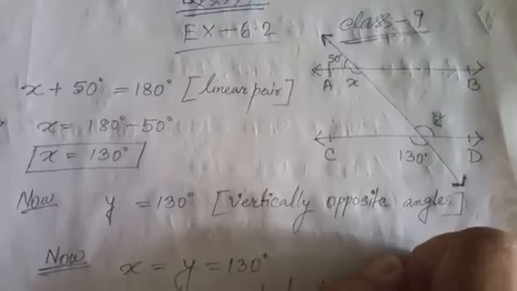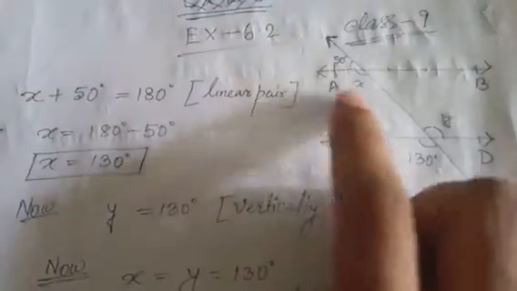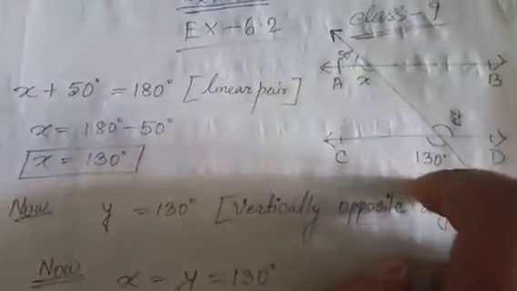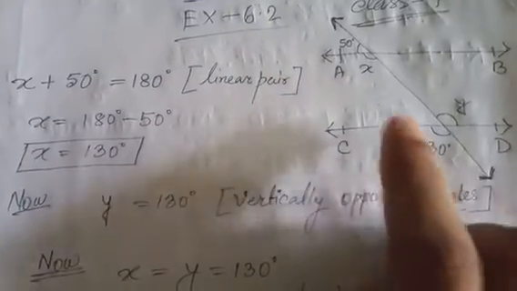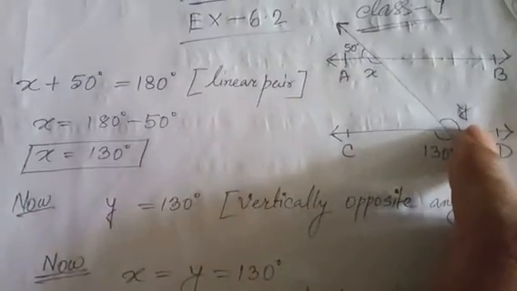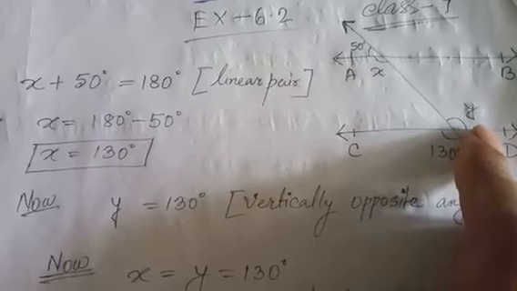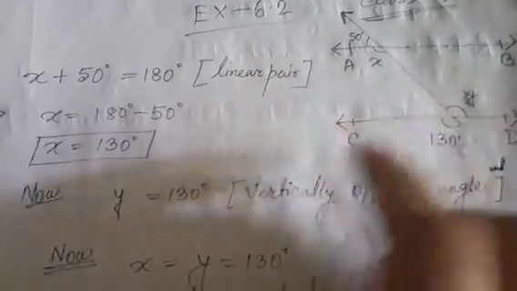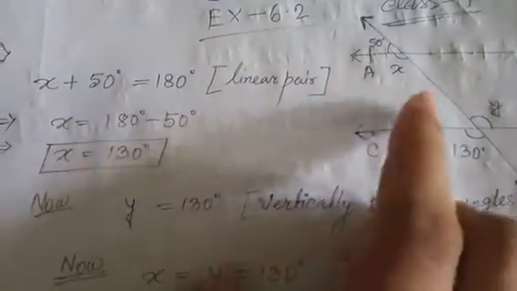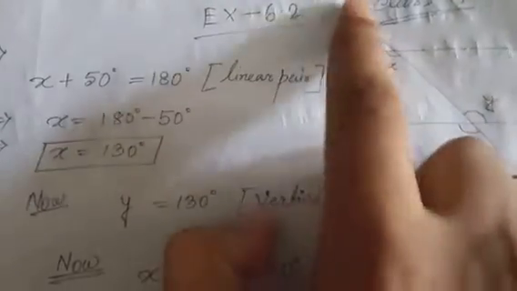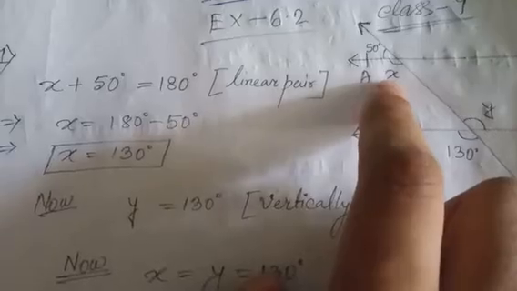Hello students, exercise 6.2. Given angles 50 degrees and 130 degrees, we need to find x and y in this picture. First, x plus 50 equals 180 degrees, because it is a ray and these are two adjacent angles.